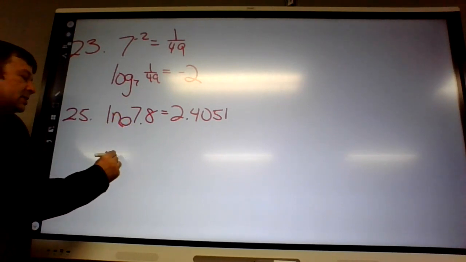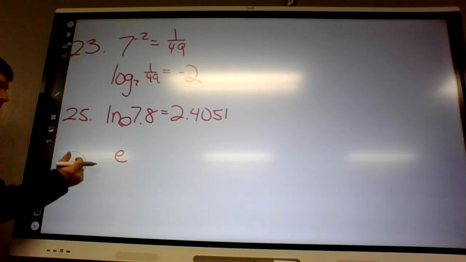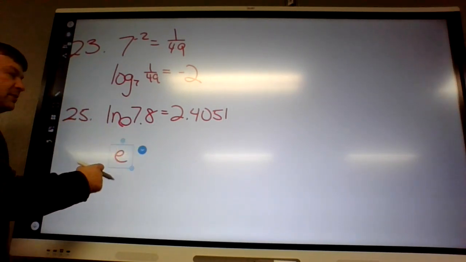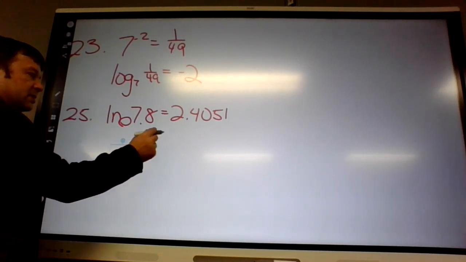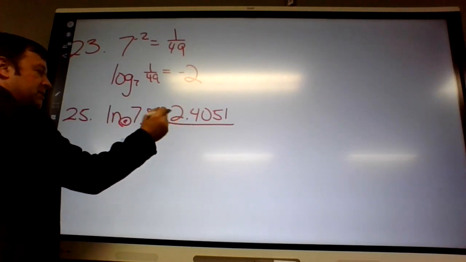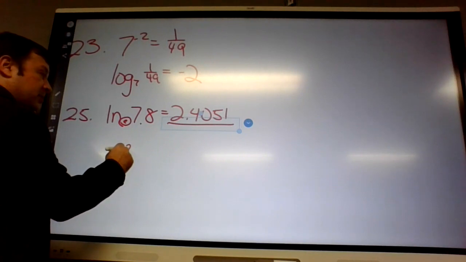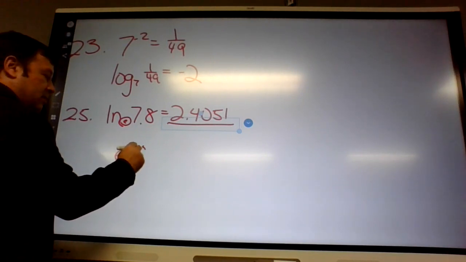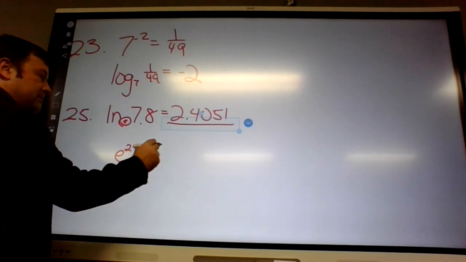E. Yeah, 10 is an invisible base on log. It's called a common log, but this natural log is different. Okay, and then what do I put next? 2.0541. A, C, B. But where does this thing go? Exponent. That's kind of a weird exponent, but whatever. And then what? Equals 7.8.